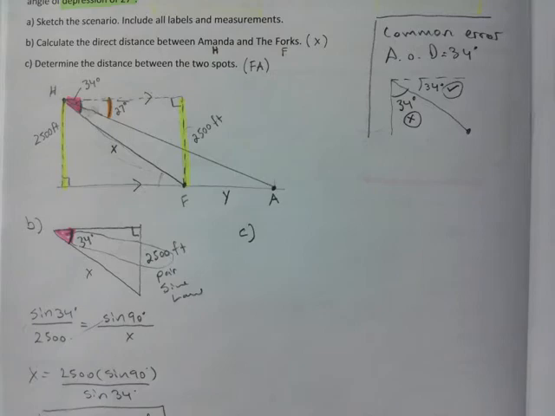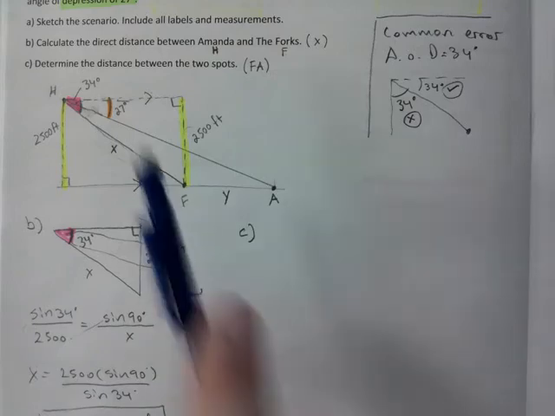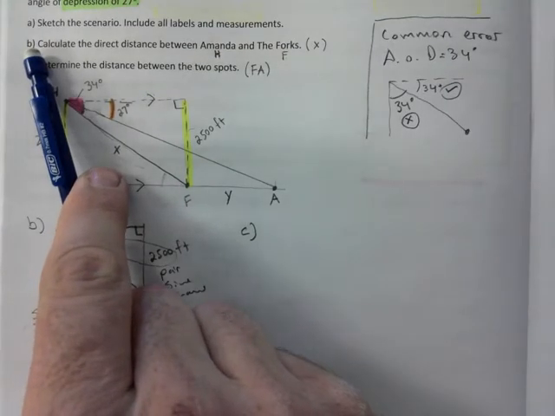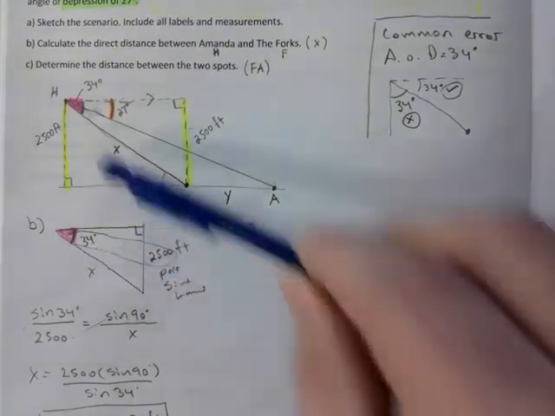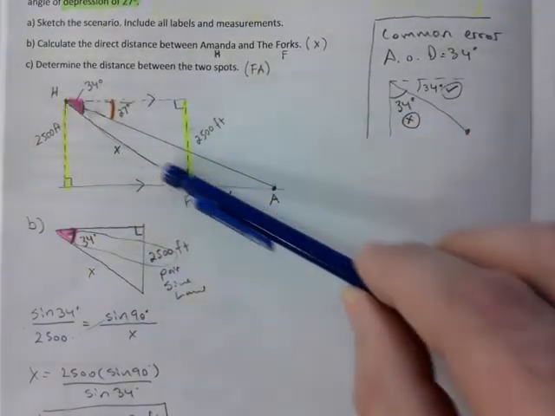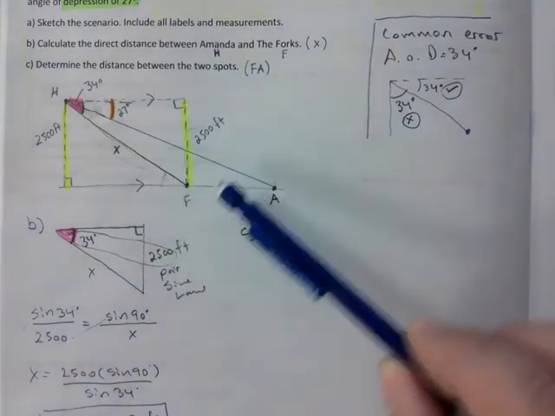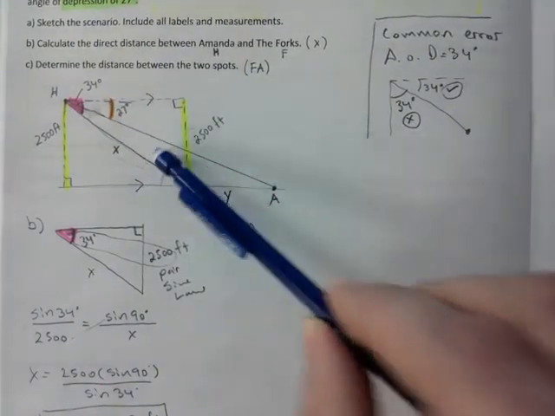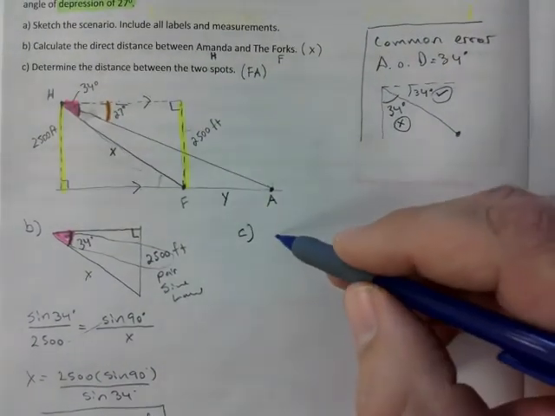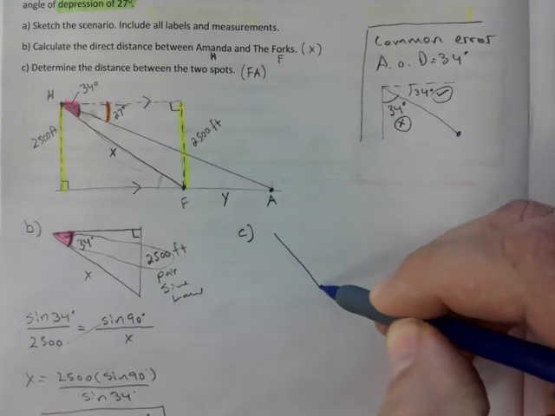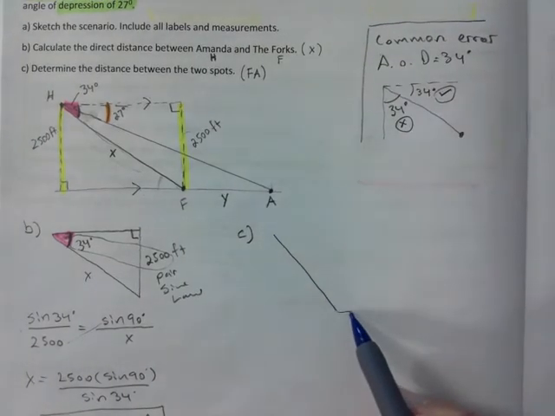Keep in mind, I could have jumped straight to it, but instead I stopped at B and we solved for this side here. But you might have had to do it anyway to get to this. I would strongly encourage you to do that. Let's draw out what we have so far.